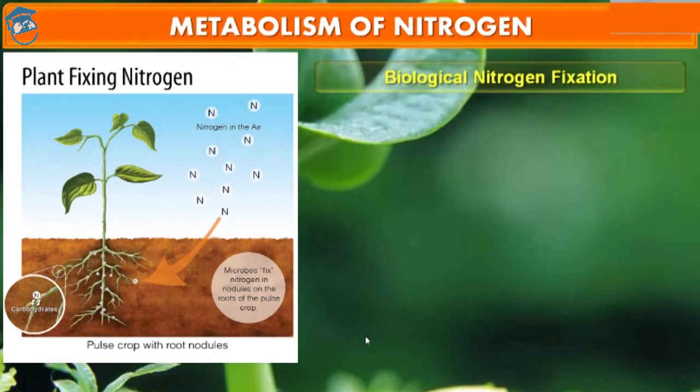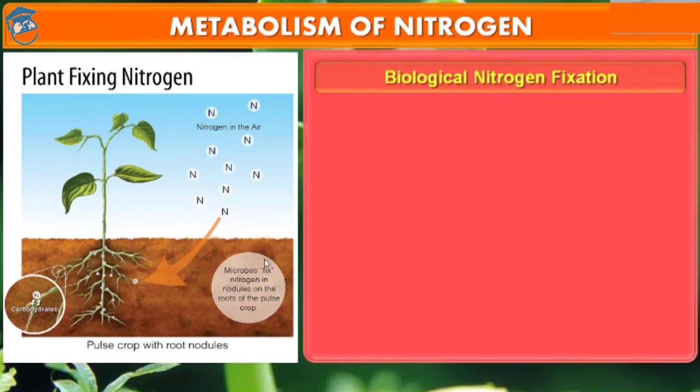So for nitrogen fixing bacteria, see, this is nitrogen which is present in the air, and these are the root nodules which are present in the pulse crop or the leguminous crops. These microbes reside in those root nodules and fix nitrogen in the nodule on the root of the pulse crop, students.